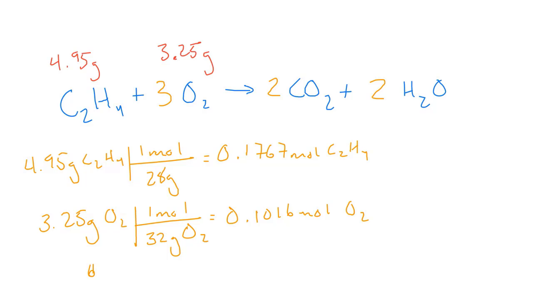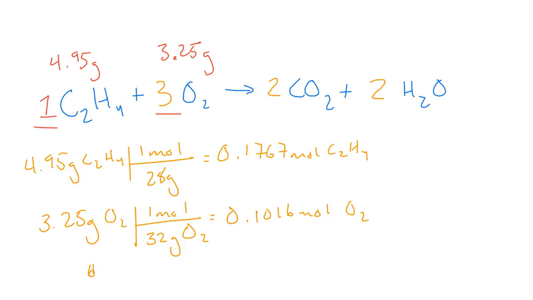Okay, so at this point, I like to do a ratio. So let's take a look at our ratio up here. So we have basically a 1:3 ratio. So that means we triple the amount of oxygen for however many moles of C2H4 that we have.